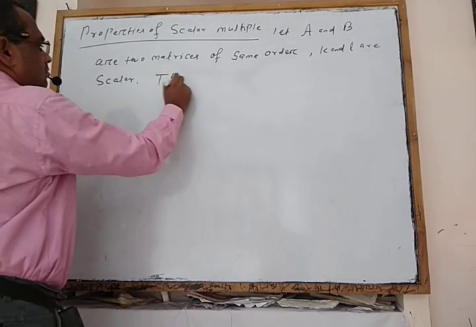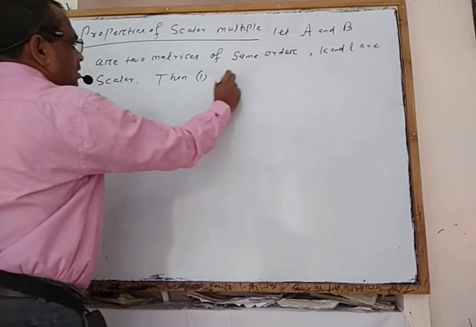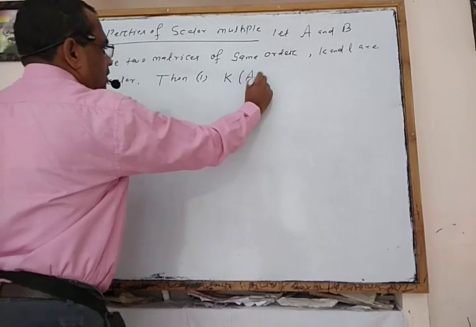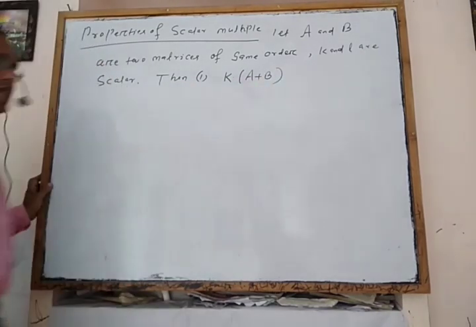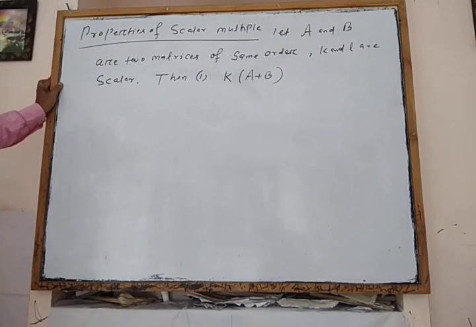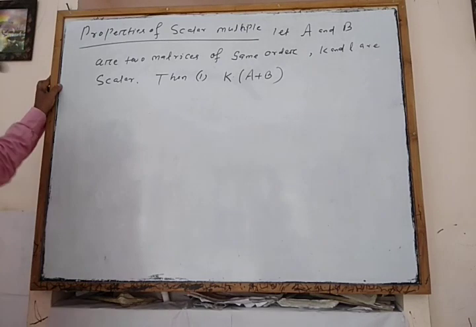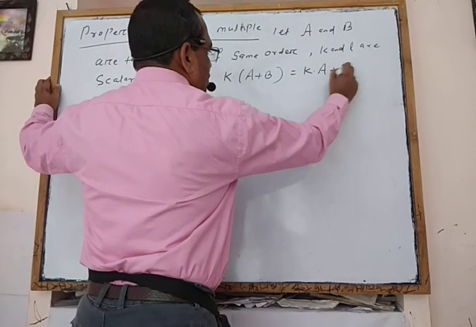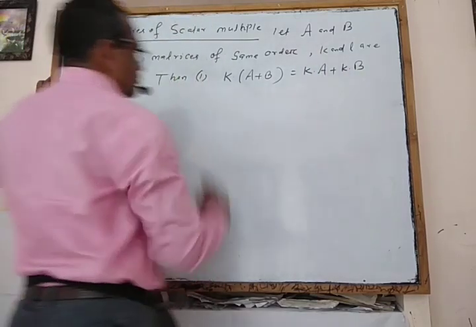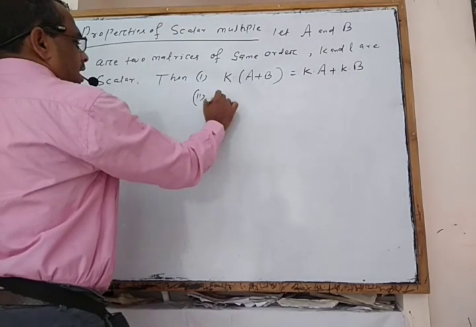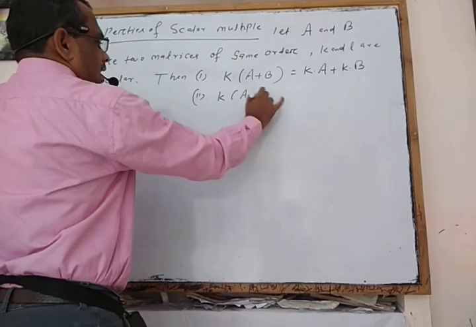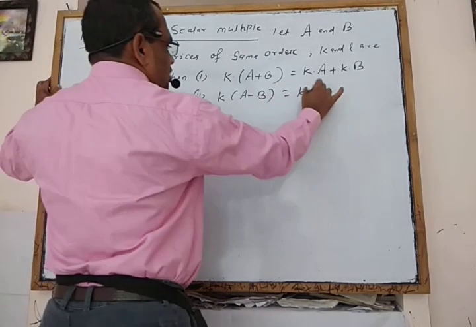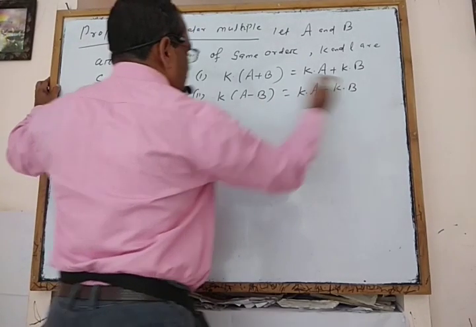Then number 1, K into (A plus B): K is a scalar and A and B are two matrices of the same order. So K into (A plus B) is equal to K into A plus K into B. Similarly, K into (A minus B) is also K into A minus K into B.